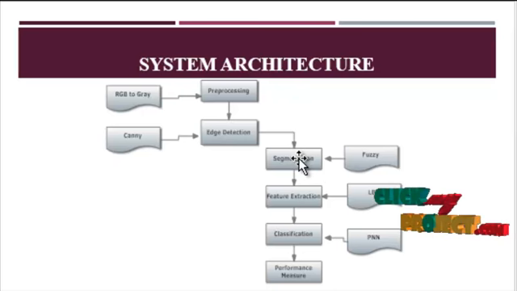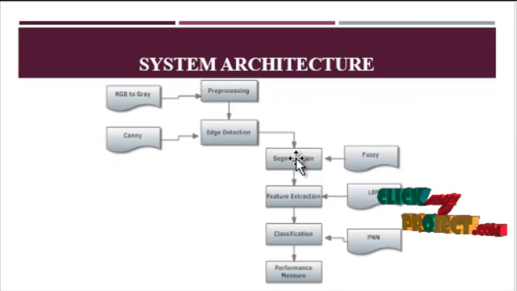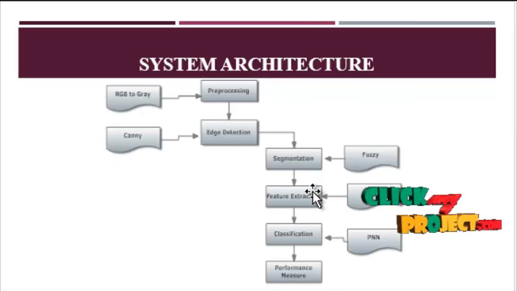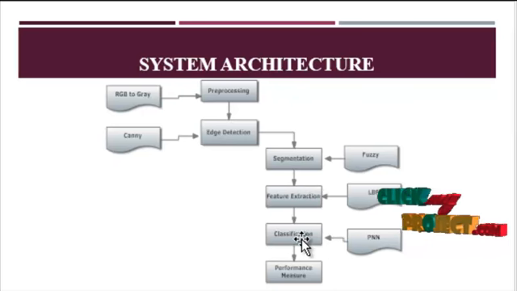Next, the fuzzy C means algorithm is used for segmenting the currency note. Once segmentation is done, the LPP feature extraction method is used to extract the features. Then a PNN classifier is used to classify whether the given currency is genuine or fake. Finally the performance measures are calculated.